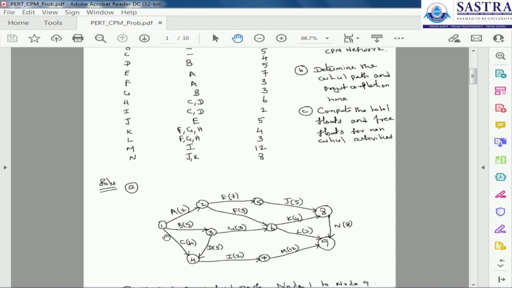From node 1 to node 2, activity A is done, and the duration is 2.